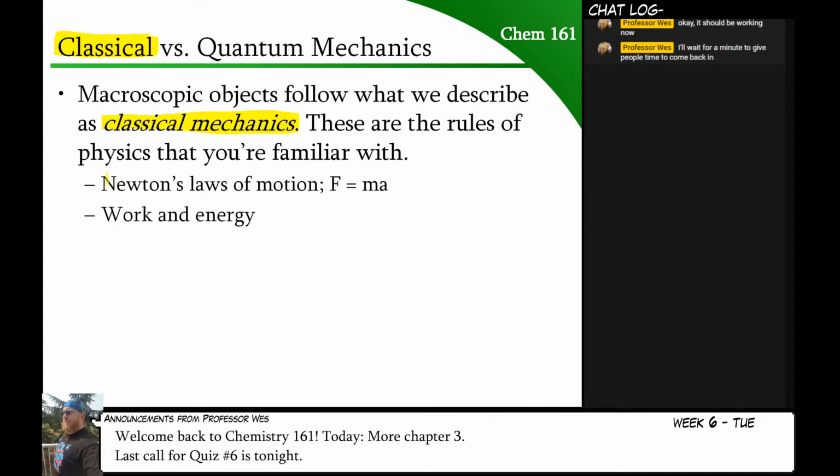If you set up a cannon and the cannon fires a ball at 10 meters a second every single time with minimal error, the ball that travels from the base of the cannon to where it lands should have almost no error to it, ignoring things like wind. Things like Newton's laws of motion and the equations for work and energy are examples of classical mechanics.